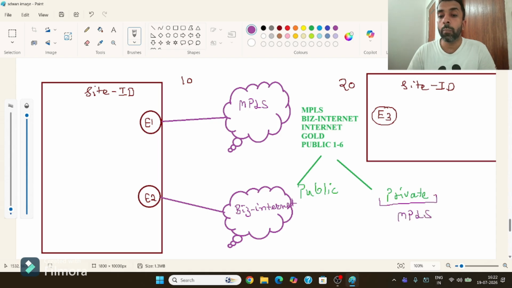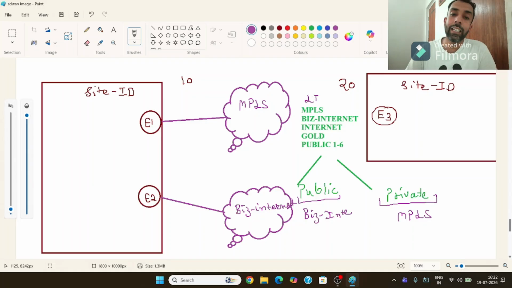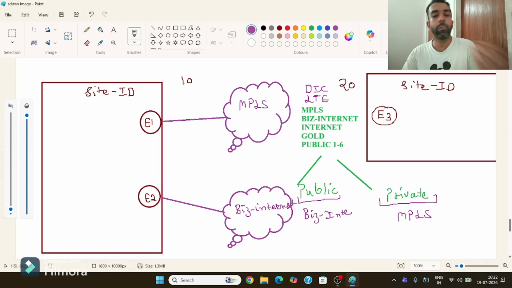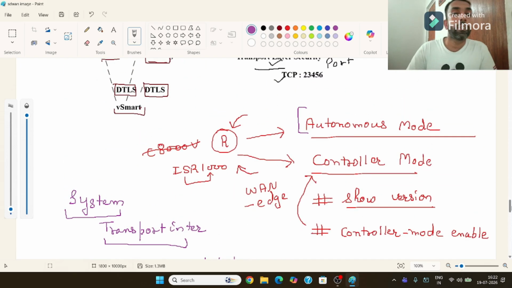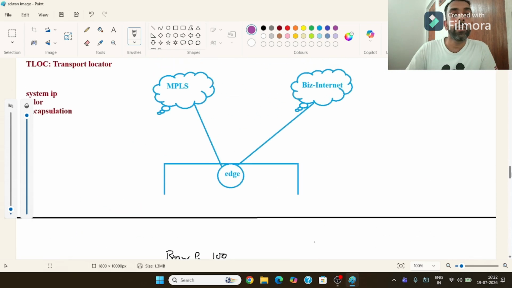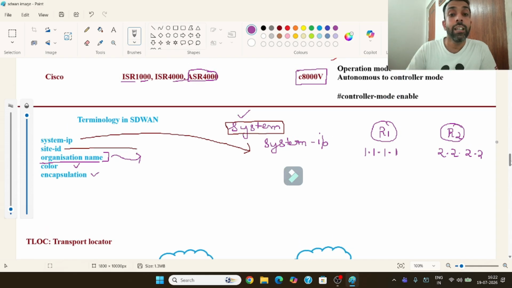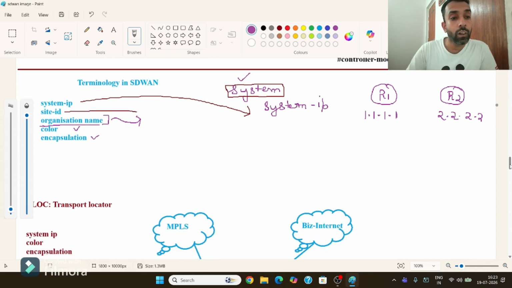But if we talk about public transport, it can be your business internet connection, an LTE connection, a direct internet access connection, and many more. So you need to define the colors. Colors are important to define while configuring the transport interface of your router.